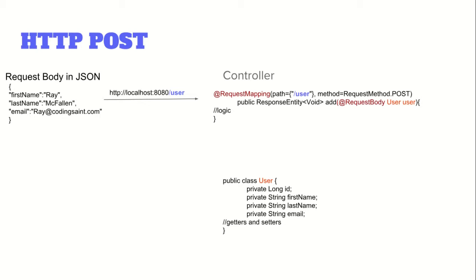In order to do that, we will use our user controller, and we will add a new request mapping for it. If you see this particular example, you will understand that this user has to be mapped with the path, and the request method will be POST. Let us see it in detail once we try to do it.